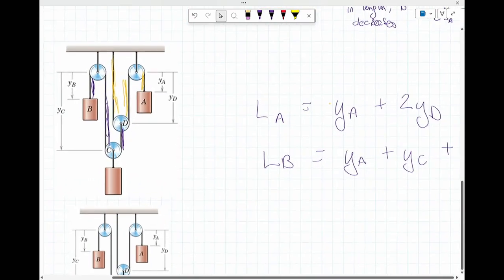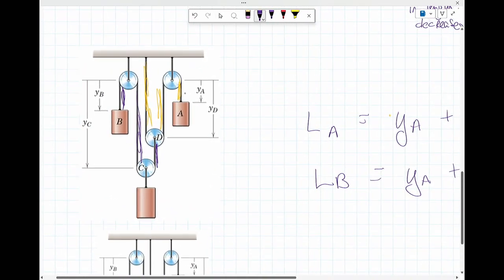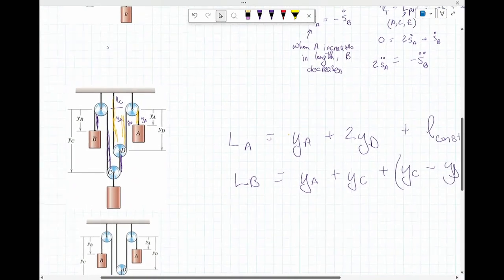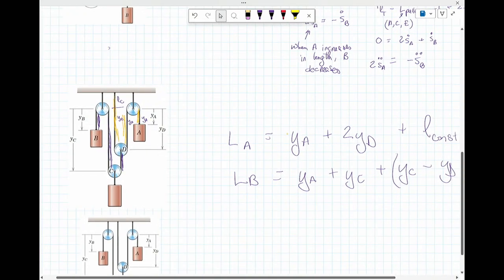You have y sub A here, you have y sub D here, you have y sub D here, and you'll notice that I've kind of eliminated that constant length already. I'm not worried about it because it's not going to play a role in my derivatives. So the length of A is equal to yA plus 2 yD.